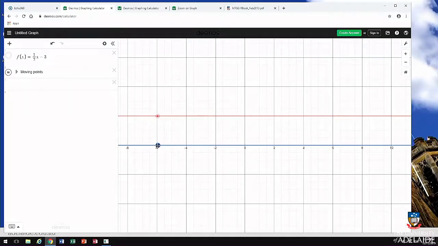So if my x moves forward 1, from minus 6 to minus 5, the y only moves forward a half. I call it y because normally you have an x and then you have the value that comes out, you normally call it y because it's the letter after x. If I move forward 1 from minus 5 to minus 4, the value on the red axis moves forward half, and so on.